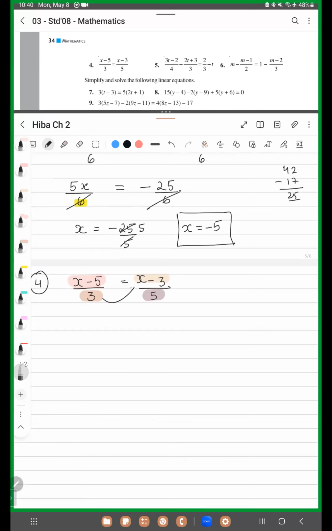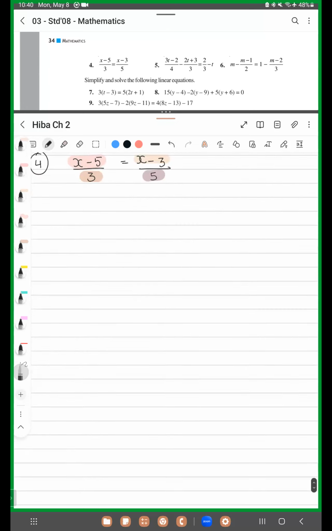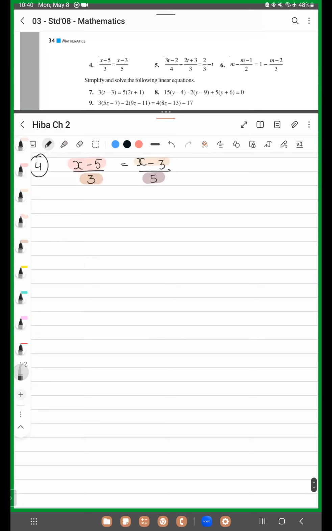Why can't we write like x minus 5 by 3 minus x minus 3 by 5? उसमें बच्चे फिर आपको LCM निकालना पड़ेगा, फिर आपको सॉल्व करना पड़ेगा. You have to find the LCM. That's a lengthy process. Let me show you both of the methods, okay? जो आपका method है वो करते हैं.